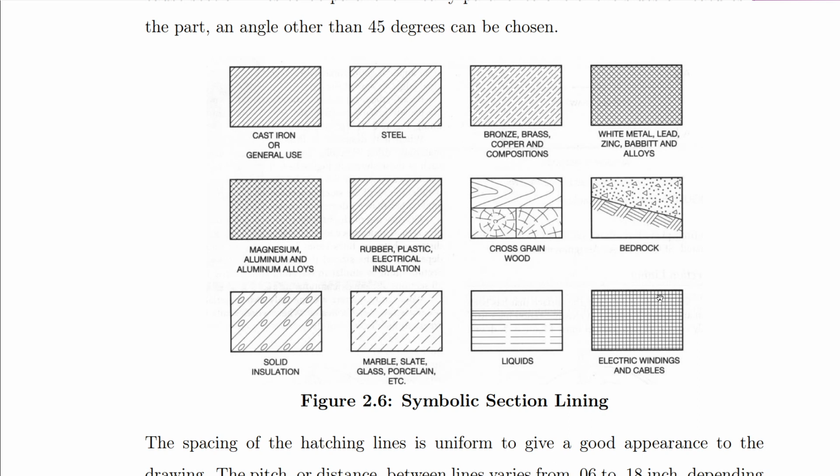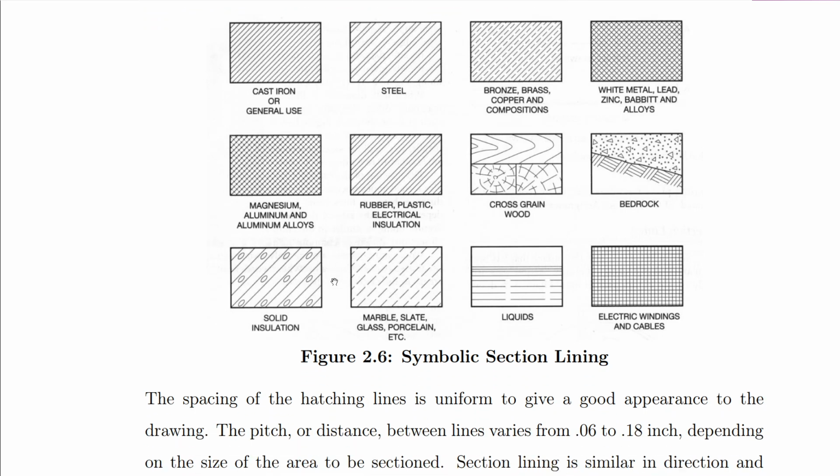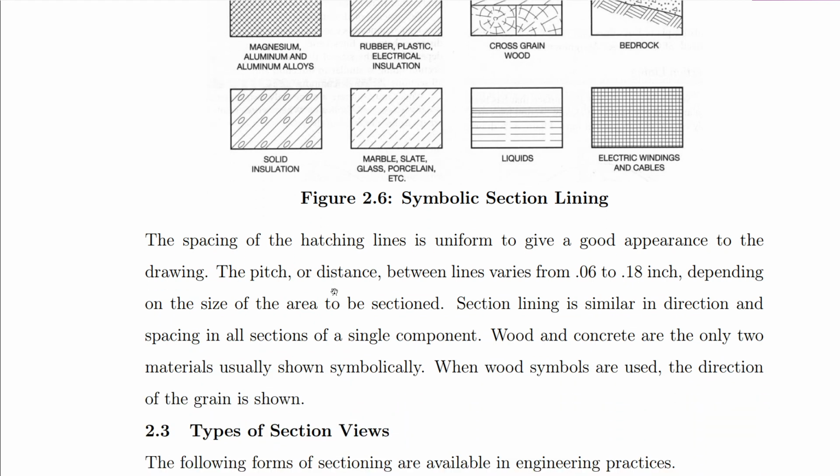So in cases where you want to differentiate between the different types of material as you section through the object, then you can use the specific section lining that is relevant for that particular application. The spacing of the hatching lines is uniform to give good appearance to the drawing.